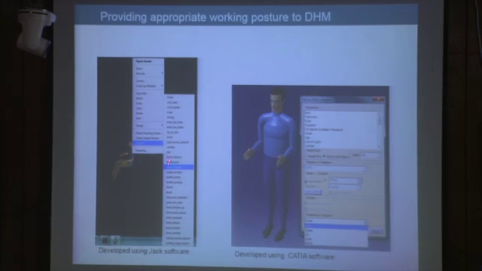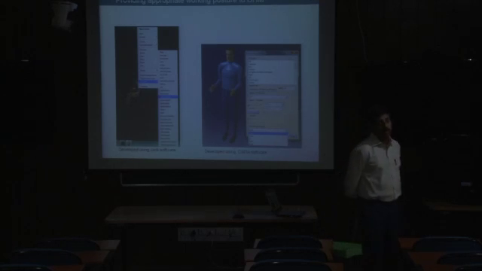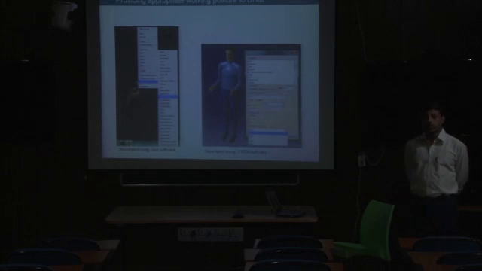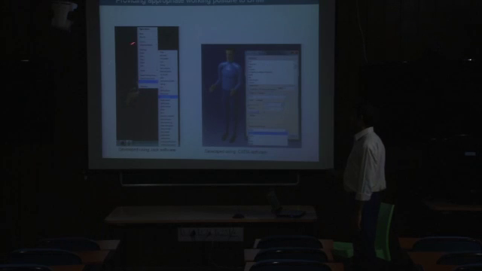Then you can select whatever you require. It is easier for the user to choose which particular posture to give to the digital human model, so that you can interface the digital human model with your product or workstation model. So this is from JAX software.